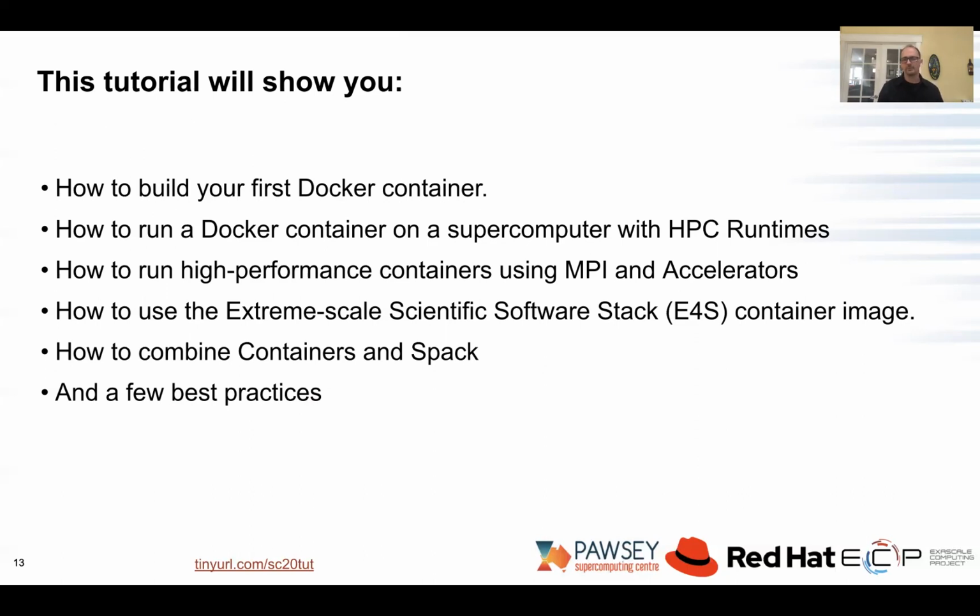And then we'll demonstrate how you can use the Extreme-scale Scientific Software Stack, E4S, from the ECP project to build containers, as well as how you can marry Spack and containers. These two topics have some overlap. In addition, we'll talk about some best practices you can adopt when you're using containers.